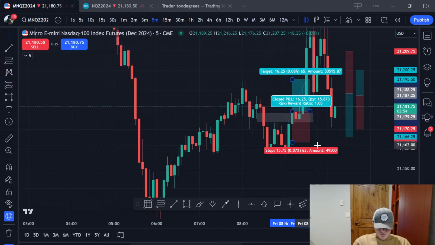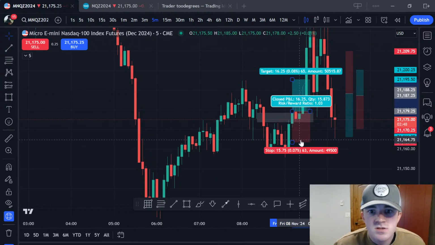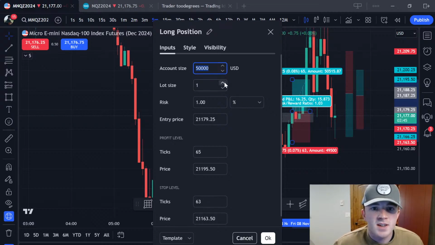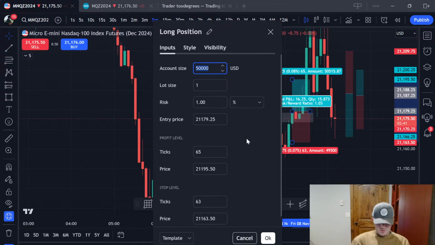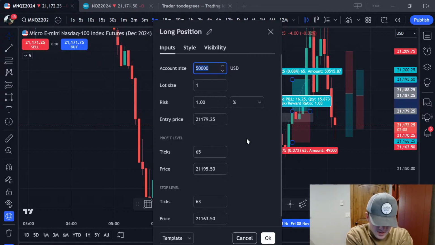So what you do is you put in your account size, you put in your risk, and it will tell you exactly how many contracts to buy. Put in account size, put in risk percent.